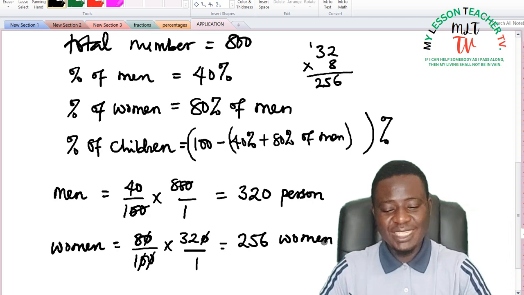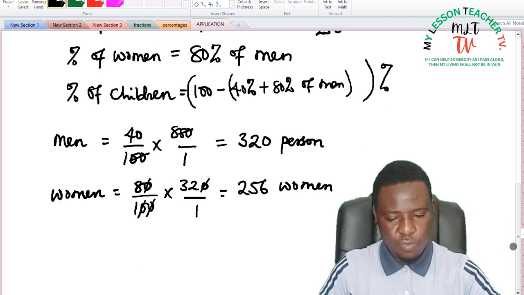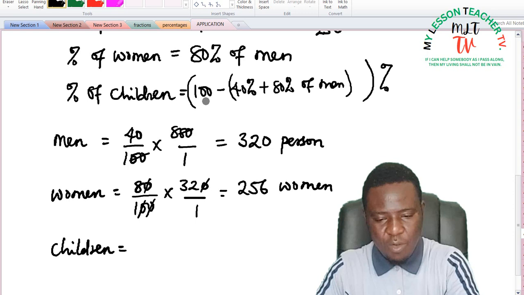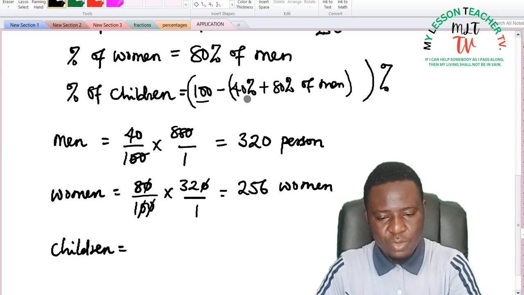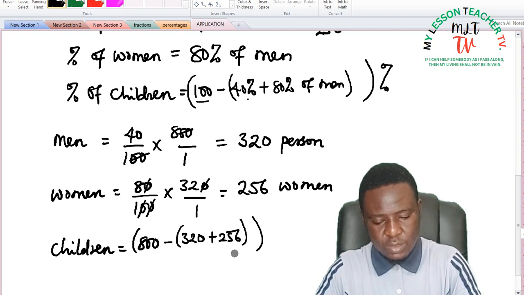And we are told that the rest are children. So for us to get the children, I said it is equal to the total number minus men plus women. So we have 800 minus 320, which is men, plus 256, which is for women.